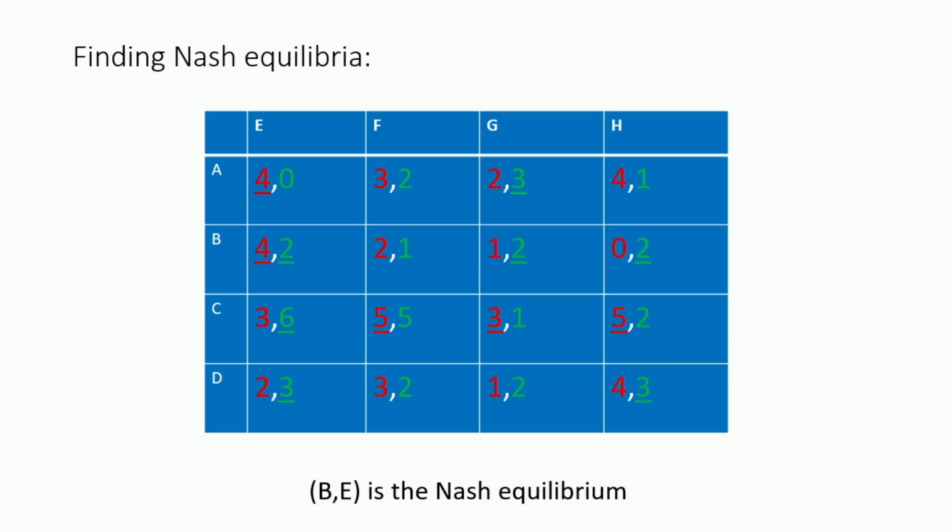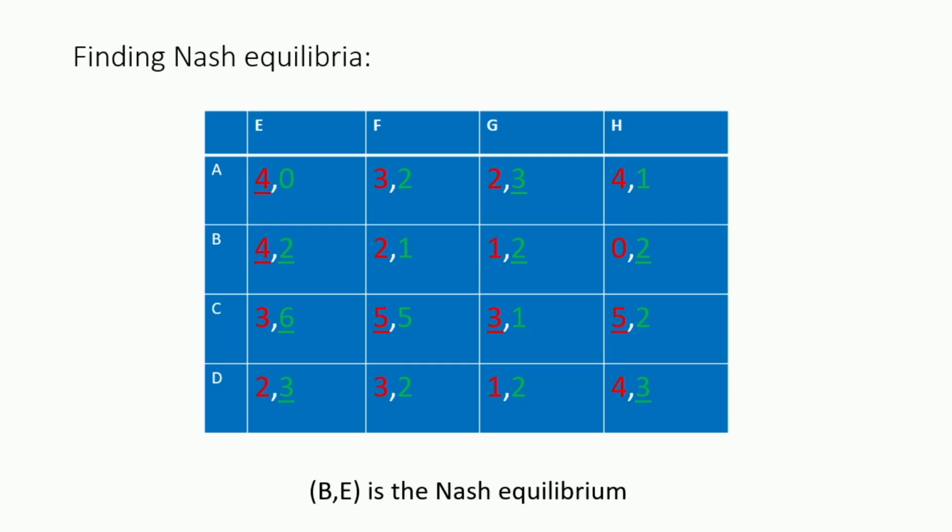So, if you have a payoff matrix like this, so this is a sample payoff matrix where you are supposed to find the Nash equilibrium. It's basically a search problem, from a computational perspective. Okay, so all you have to do is, if you are player 1, and if the other person is playing E, then my best response is what?